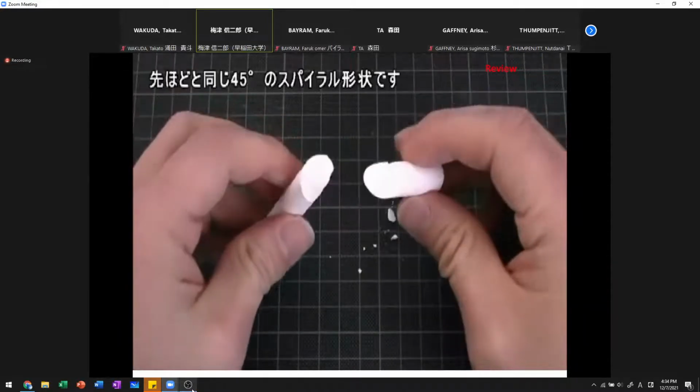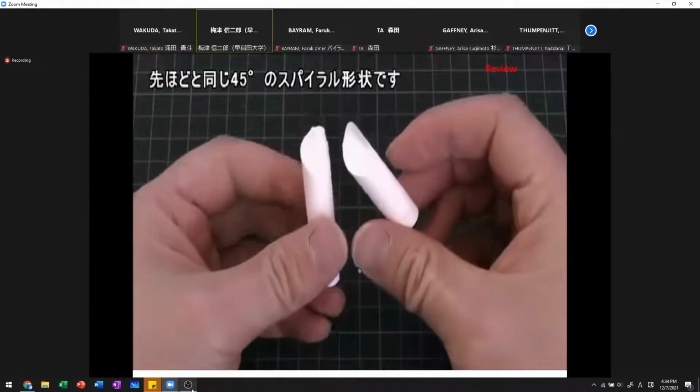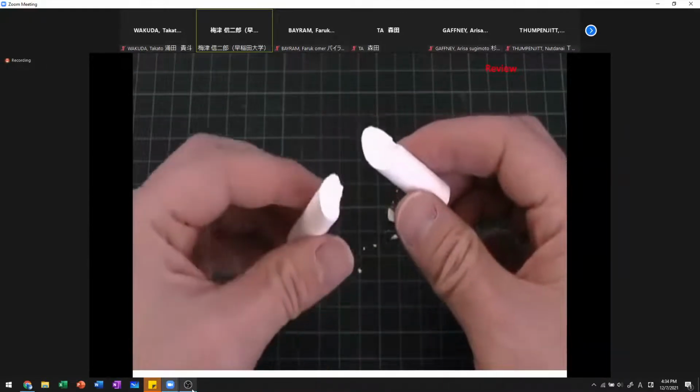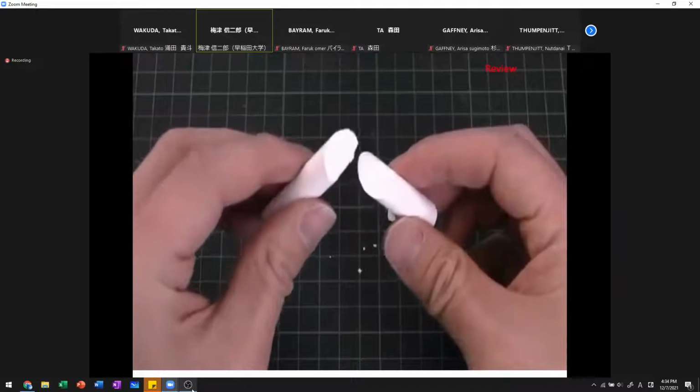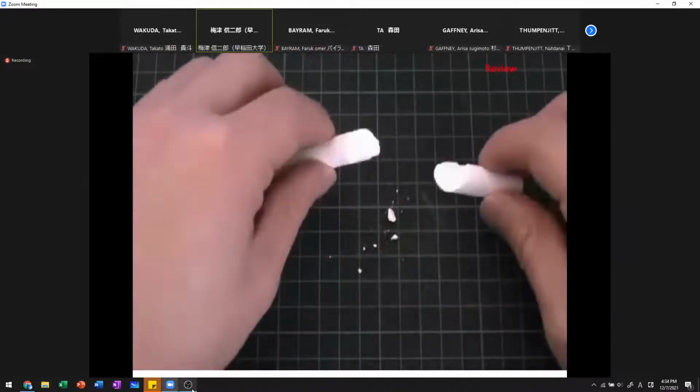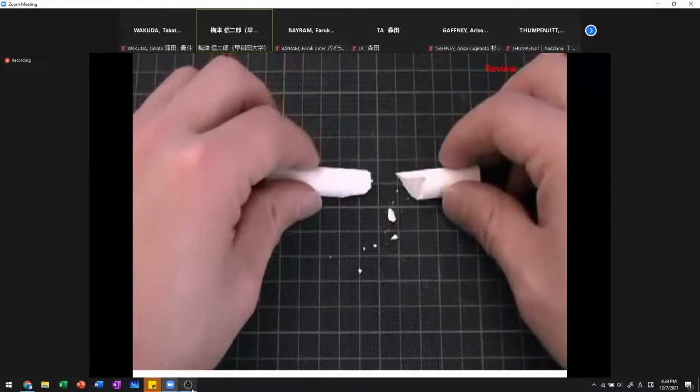And the broken face is, roughly speaking, almost the same. This is something like a spiral. A spiral shape is observed at the part.